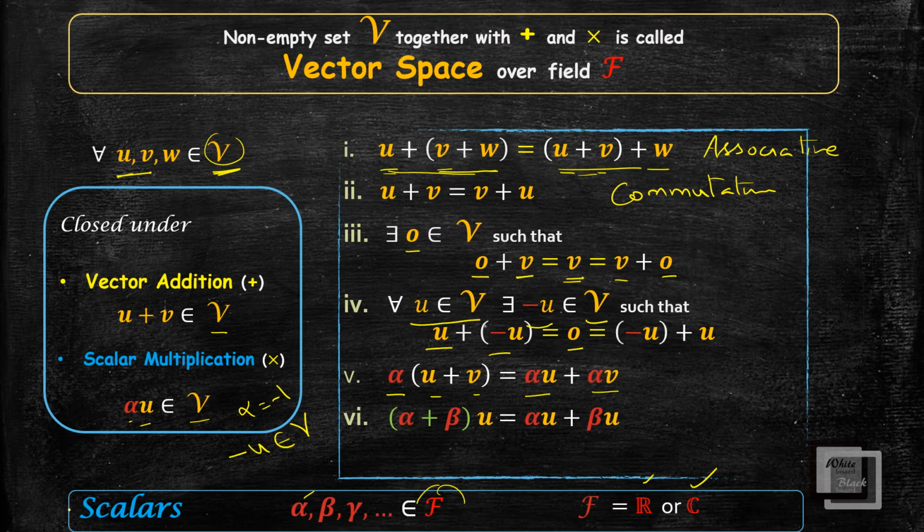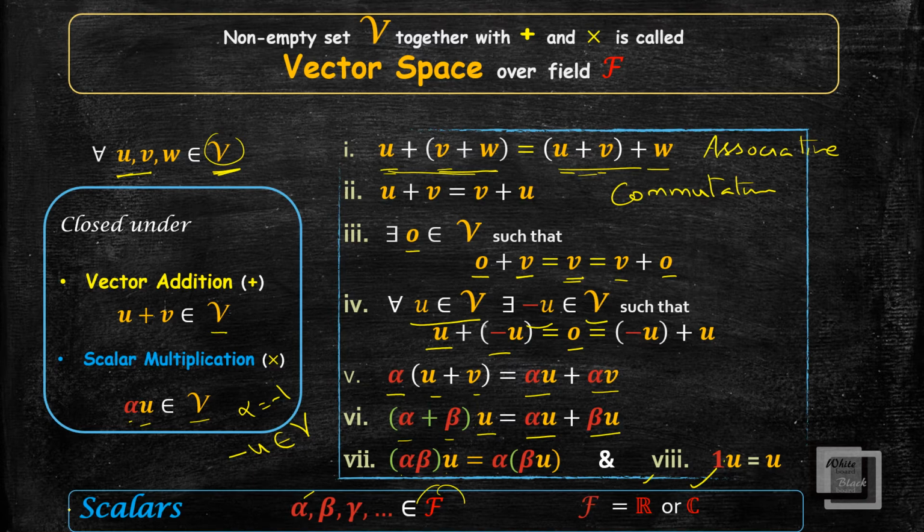If you add two scalars alpha plus beta and multiply it with vector u, then you will get alpha u plus beta u. Seventh and eighth properties are simpler. The seventh says that alpha beta into vector u equals alpha into beta u. And eighth is that there exists an identity belonging to field F.